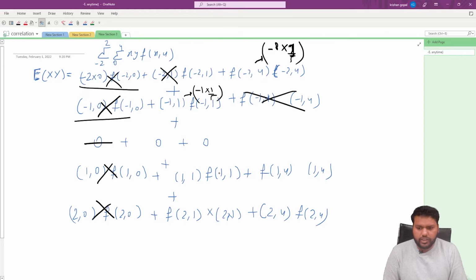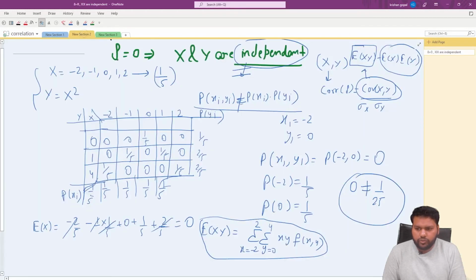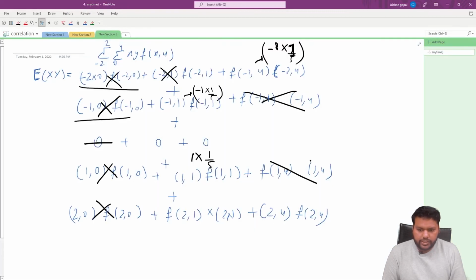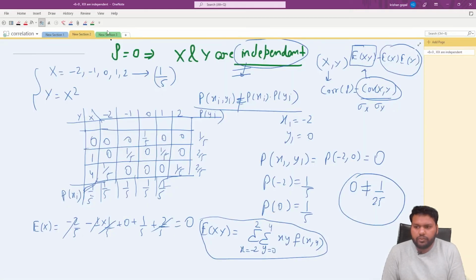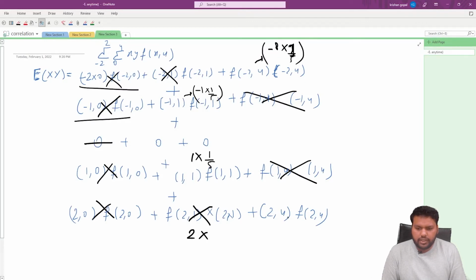Then (1, 1) is 1 into f of (1, 1), which is 1 by 5. Then f of (1, 4) is again 0, we don't want this one. Then (2, 1) is 2 into f of (2, 1), again 0, so this also is cut. Now (2, 4) is 8: 2 into 4 is 8, into f of (2, 4), which is 1 by 5.